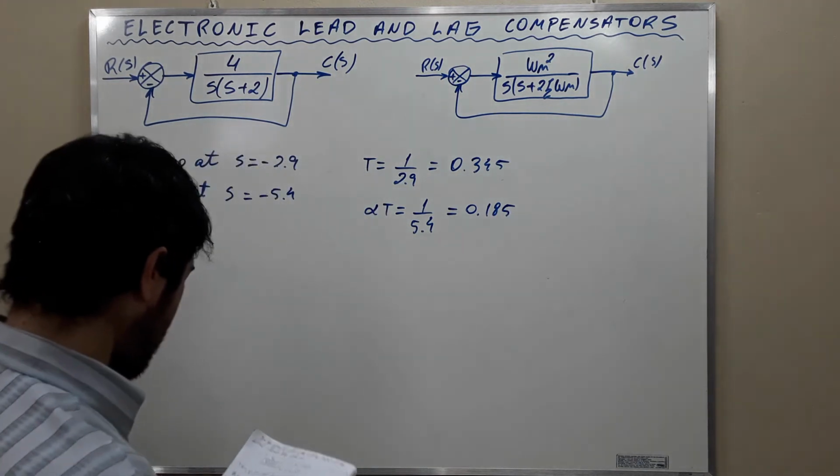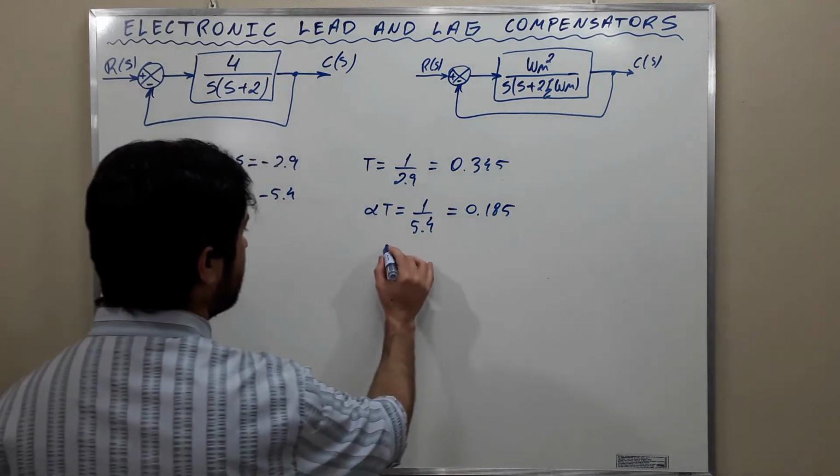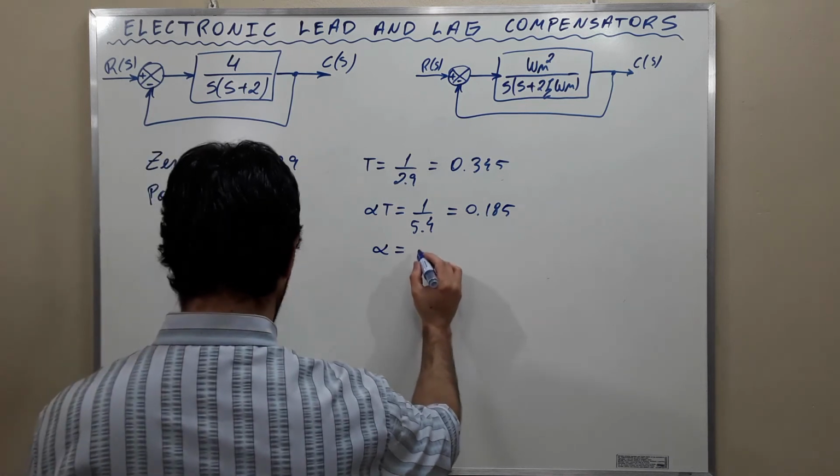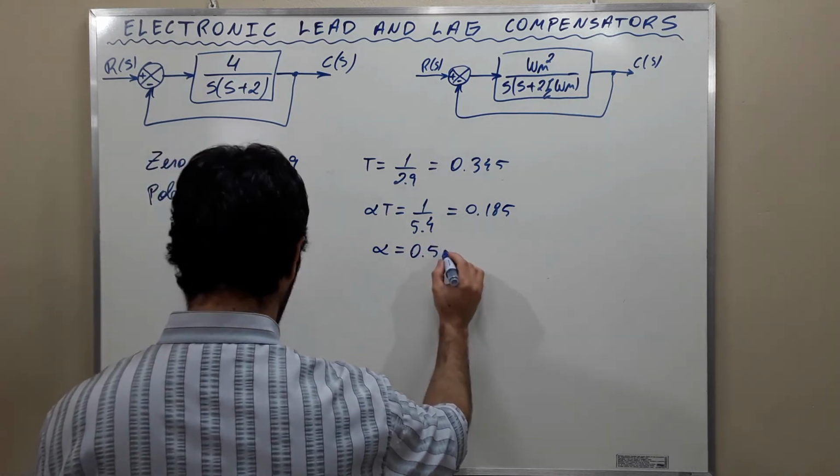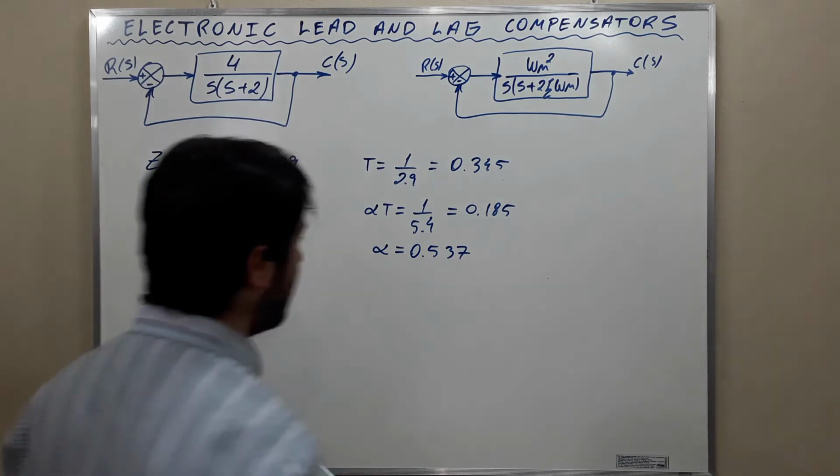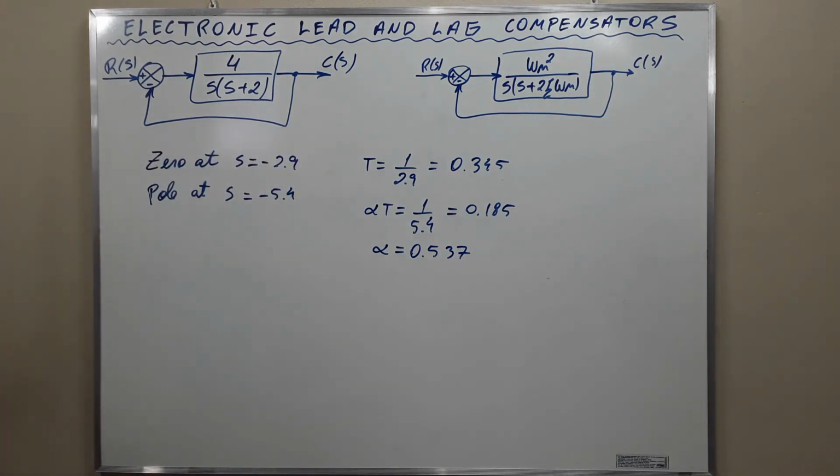In this way, we discovered that the attenuation factor, the value of alpha, is 0.537. This is important because we want alpha to be between 0 and 1 for this to be a lead compensator. Alpha greater than 1 is a lag compensator.